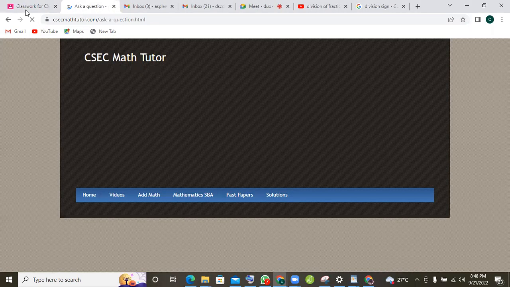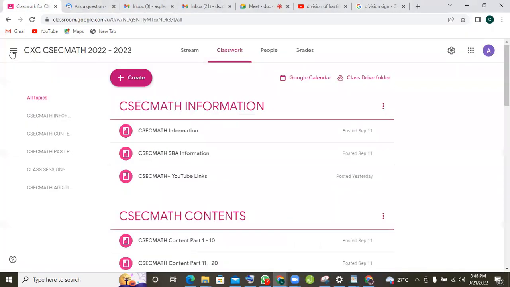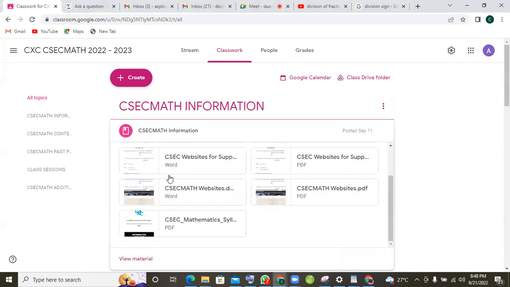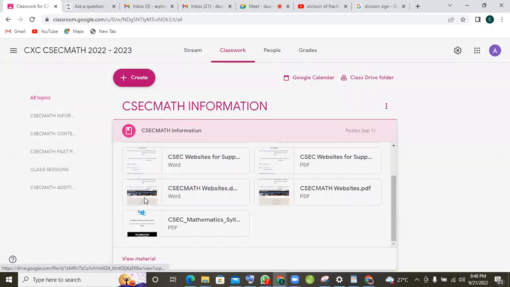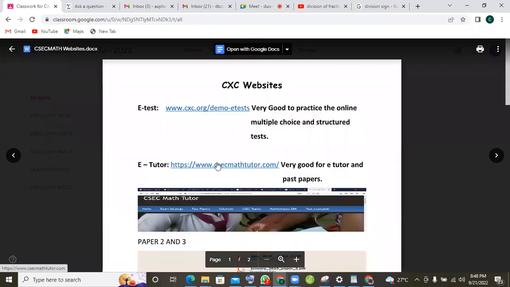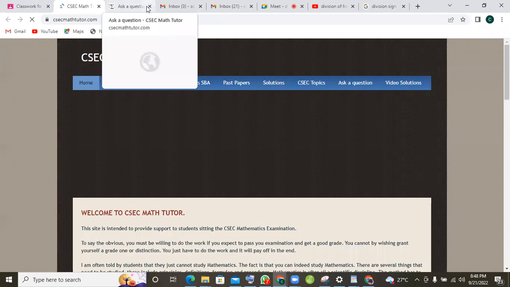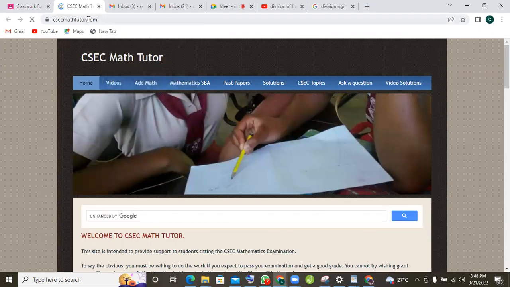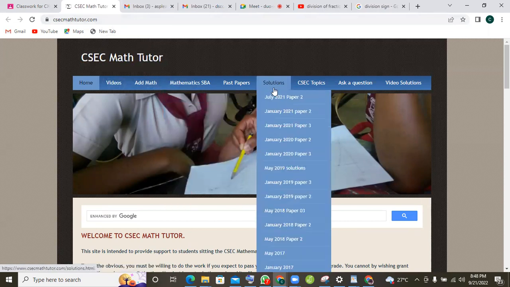Okay, just to review how to get the website. In that very same Google Classroom, you go to Classwork, you go to CSEC Math information, you go to CSEC website, click on the Word version, click on the link, and you get in the CSEC website, the solutions.